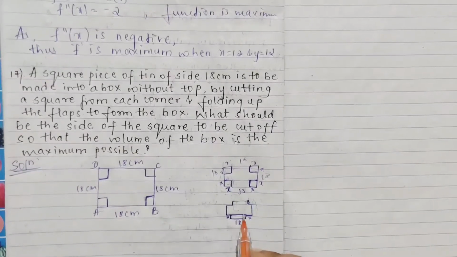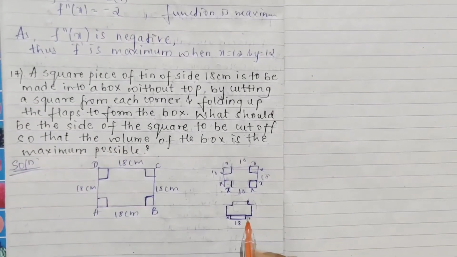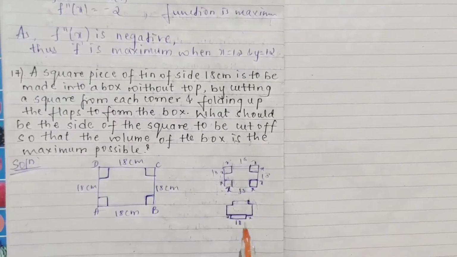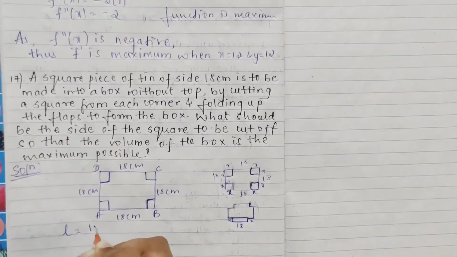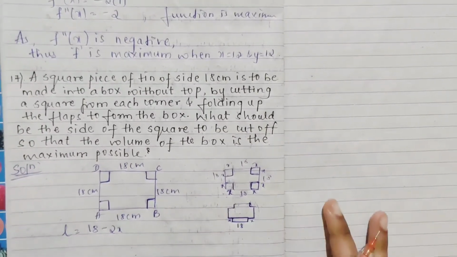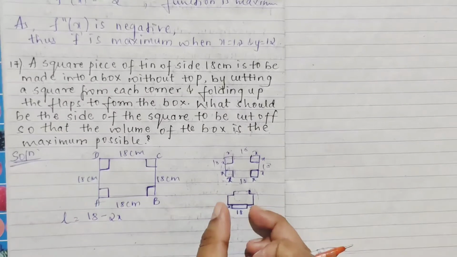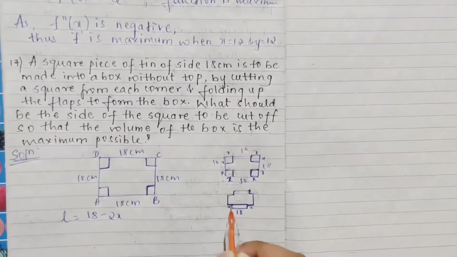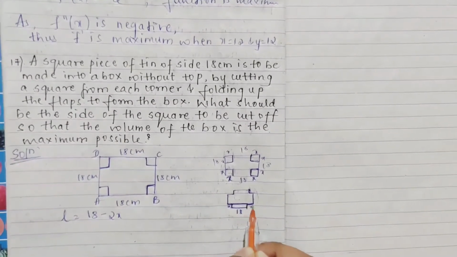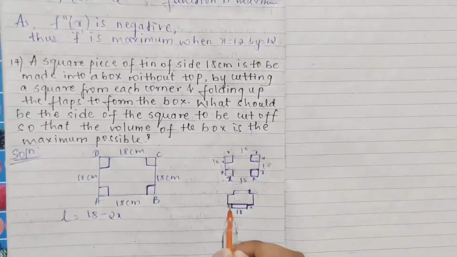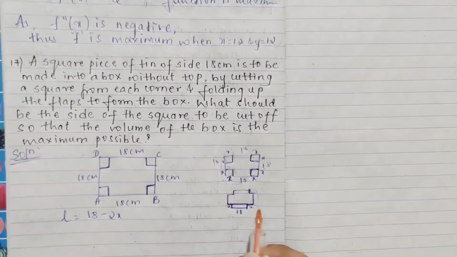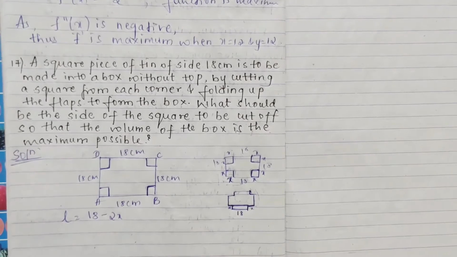Your length is 18, and again you have cut, this means minus x, 2x, right? 18 minus 2x. So your length will be what? 18 minus 2x. Your whole part is 18, but in that you have cut. This corner you have cut and this corner you have cut. This corner we have taken x, means this also x. So x plus x is 2x. So 18 minus 2x is your length.